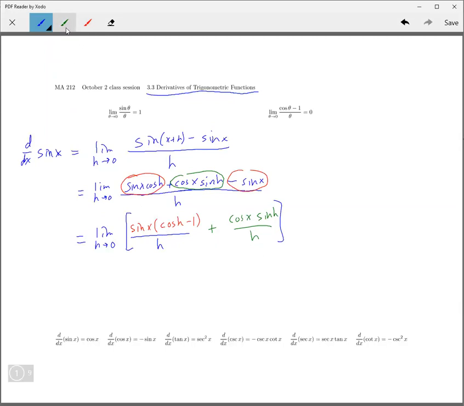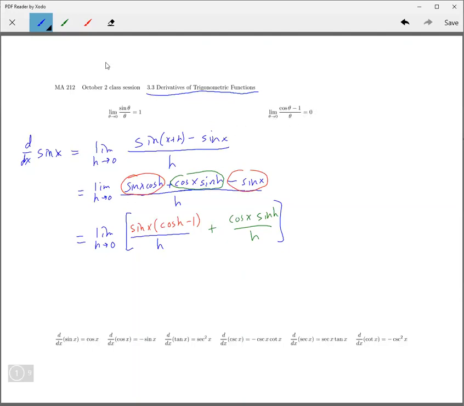Okay, now we can use both of these facts. If you look at this one right here, this is cosine theta minus 1 over theta as theta goes to 0. Here, if you ignore the sine x for now, you have cosine h minus 1 over h as h goes to 0. So this theta could be replaced with an h, and this would still be true.